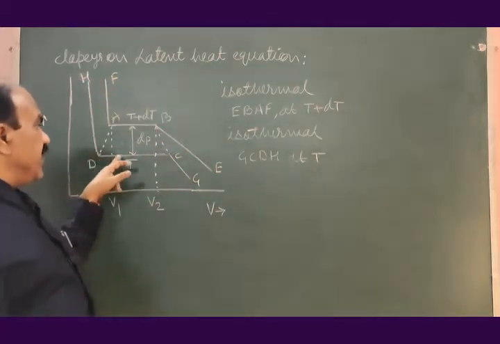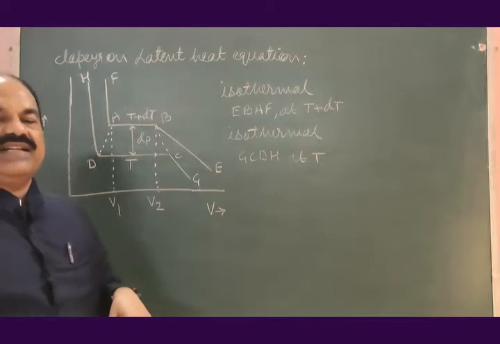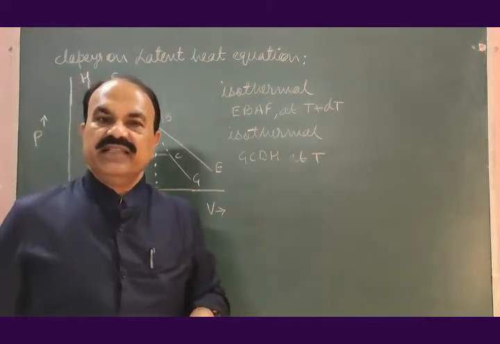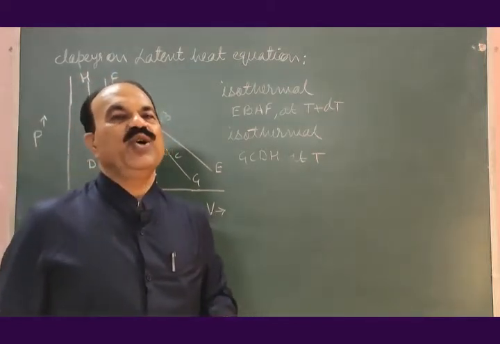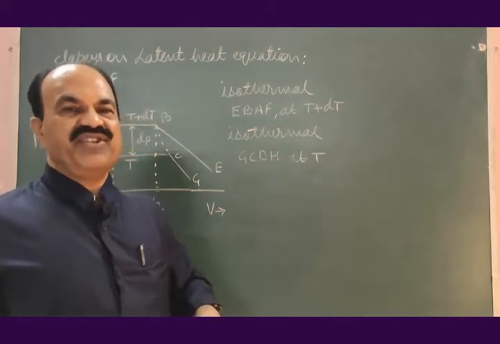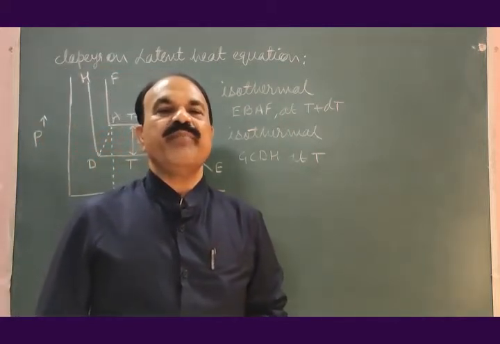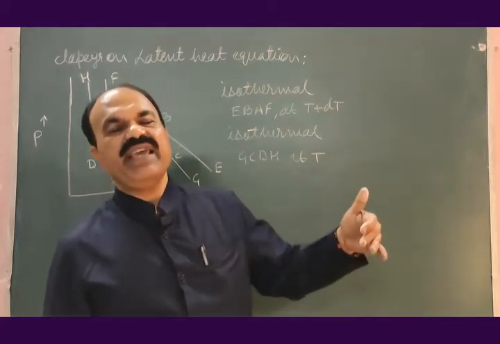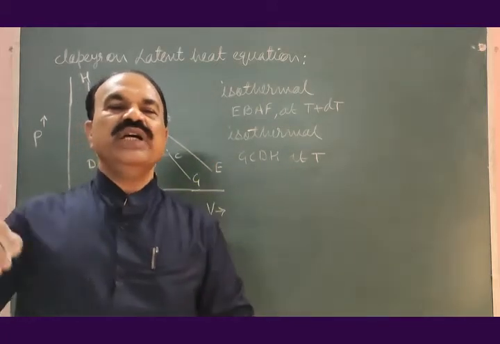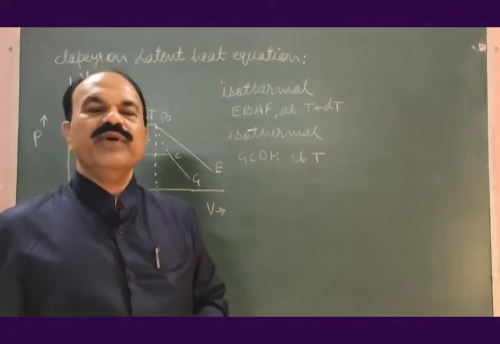C to D represents the transition state of the matter at temperature T. The gaseous form of matter is being converted to liquid form.